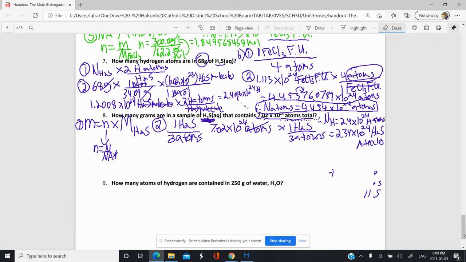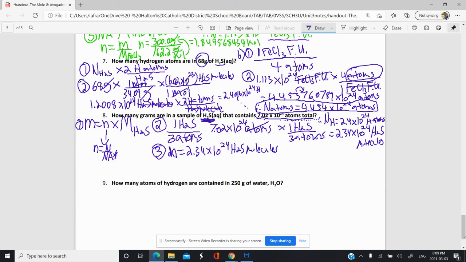Anyways, now that we have our number of particles, we can go ahead and find the number of moles. So now we can do the number of particles, so n is equal to 2.34 times 10 to the power of 24 H2S molecules.